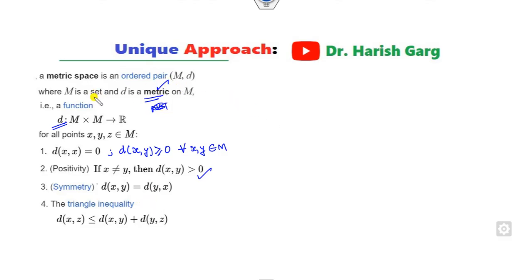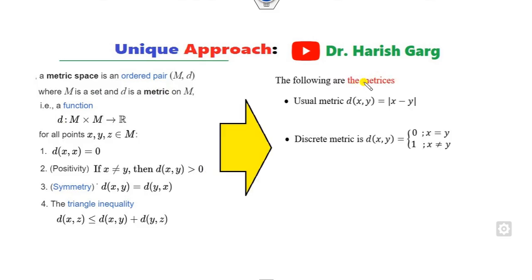In general, this set is either R^n or it can be any particular set like Z or Q. The usual metric is for x and y belonging to R, then it's the usual metric. The discrete metric is defined as 0 if x is equal to y, and 1 if x is not equal to y.